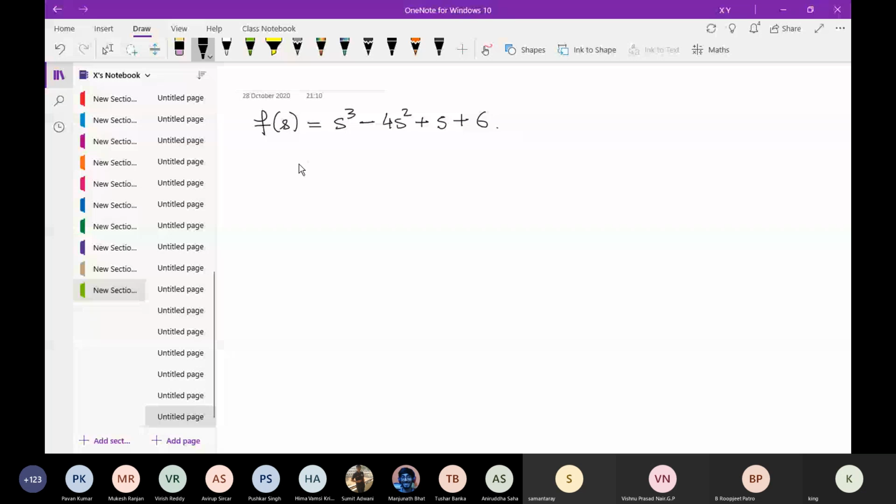So first what I'll do is, highest coefficient is 3. So I'll write here s cubed. Next coefficient is s square. Then s to the power 1. And finally we'll finish off with s to the power 0.